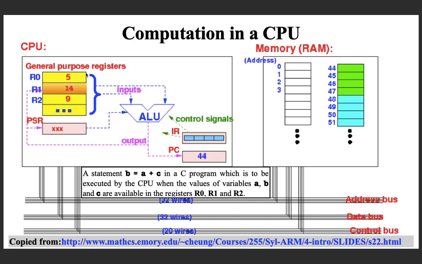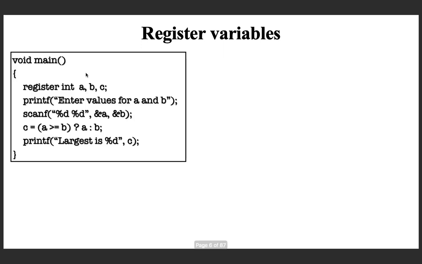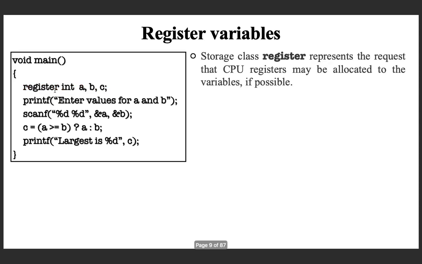So we are moving on to that topic, register variables. Let us try to understand how you can do it with an example. So here is an example where you are declaring three integer variables a, b and c as register variables. Okay. Then what are register variables is what we are going to learn.